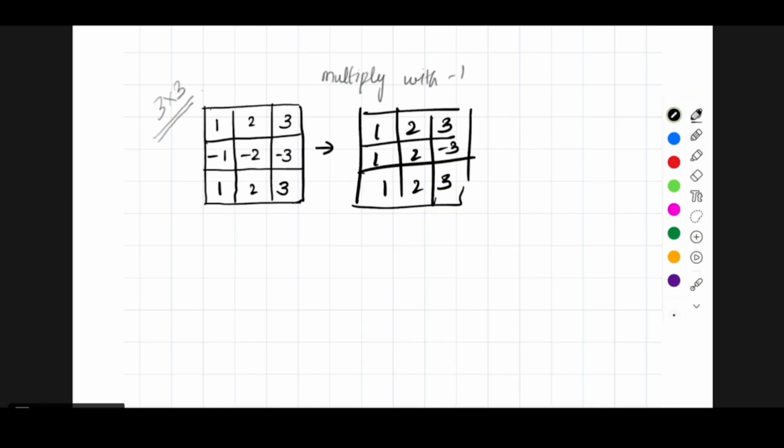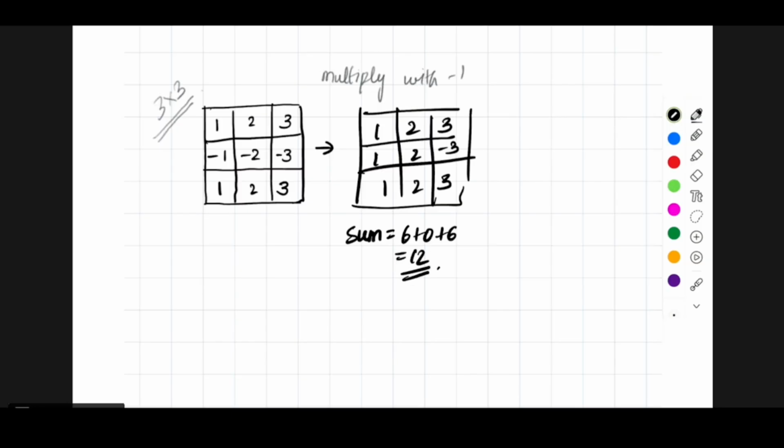So what will be the sum of this matrix? At this point the sum will be: this row is 6, this row is 0, this row is 6. So 6 plus 0 plus 6, 12 will be our answer.